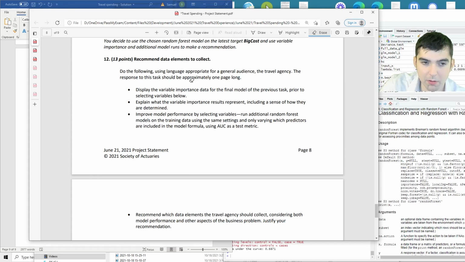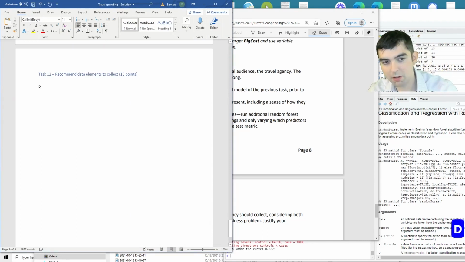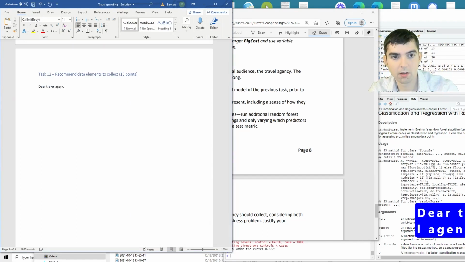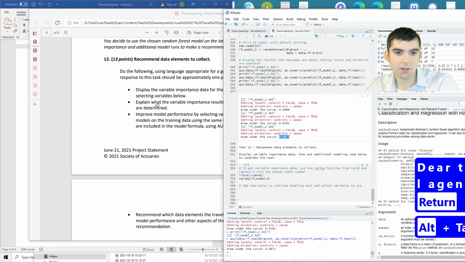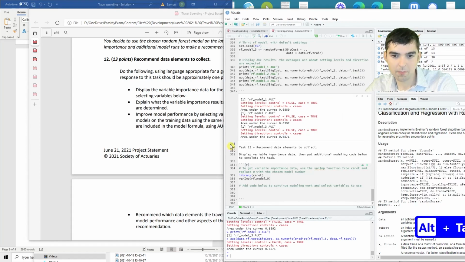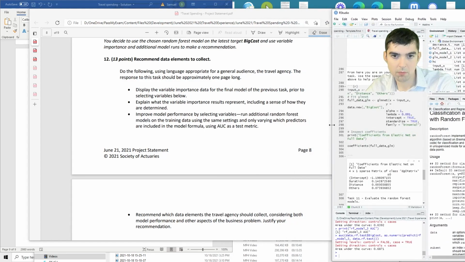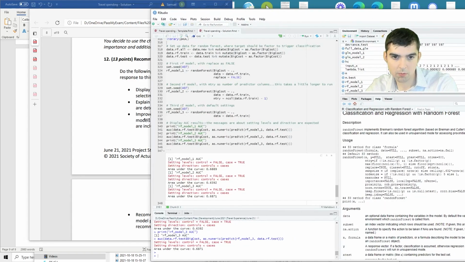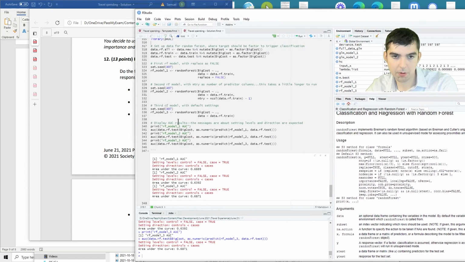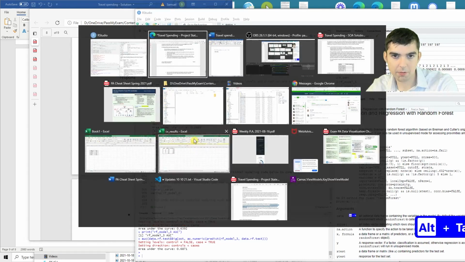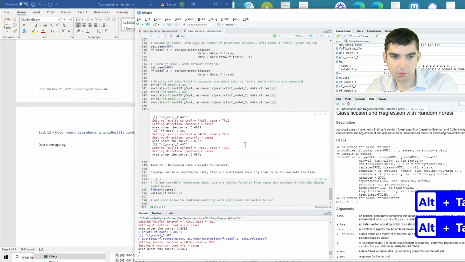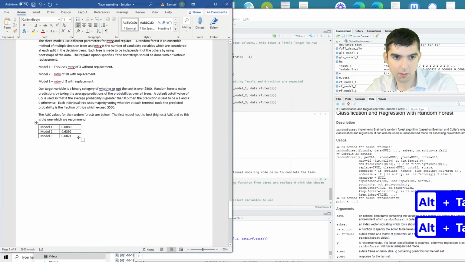The task says to display the variable importance data for the model from the previous task, prior to selecting variables. So it's a "Dear travel agency", right? It's an easy way to get an extra line into the report. What we need is the importance. The model that we selected is the one with the highest AUC, model 1.